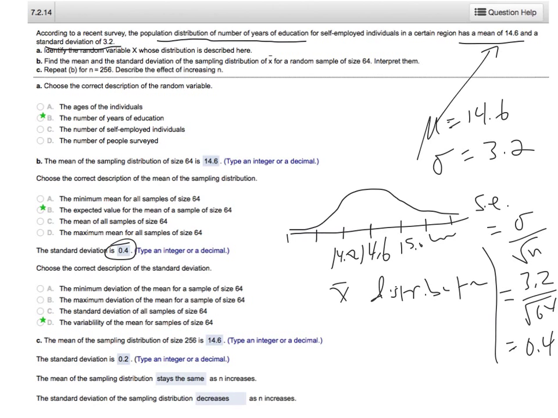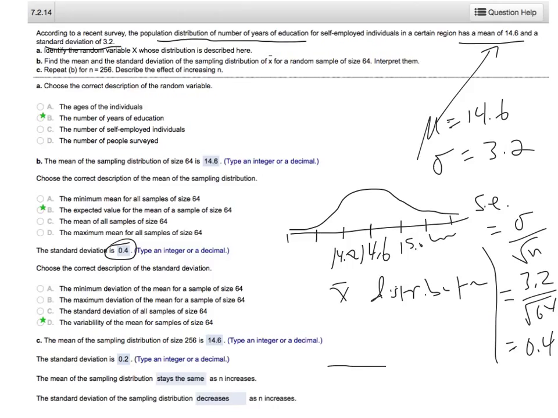All that changes when you increase the sample size. In this question it asks us to blow the sample size up even bigger, well that's just a different value of n. As you make the sample size go from 64 to 256, the standard error is going to go down, and so the distance between the tick marks is going to be smaller.